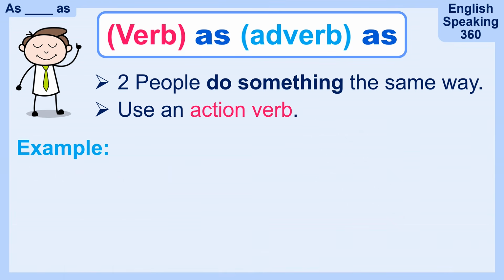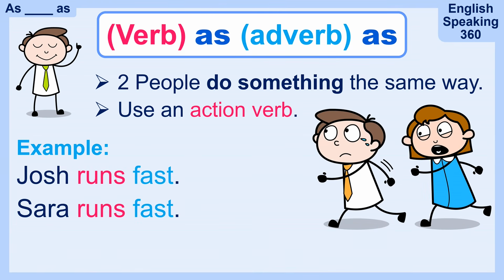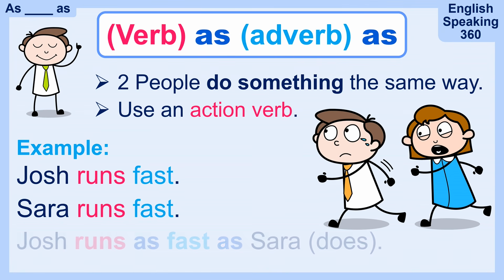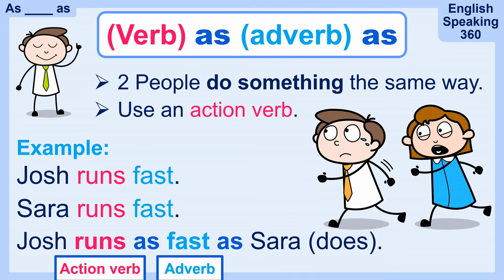Here's another example. Josh runs fast. And Sarah runs fast. That should be easy for you now. Let's make the sentence. You can say, Josh runs as fast as Sarah. Or you can also say, Sarah runs as fast as Josh. The subject order in this case does not matter because they are doing it the same way. Fast. So here we have the action verb runs, the adverb fast.